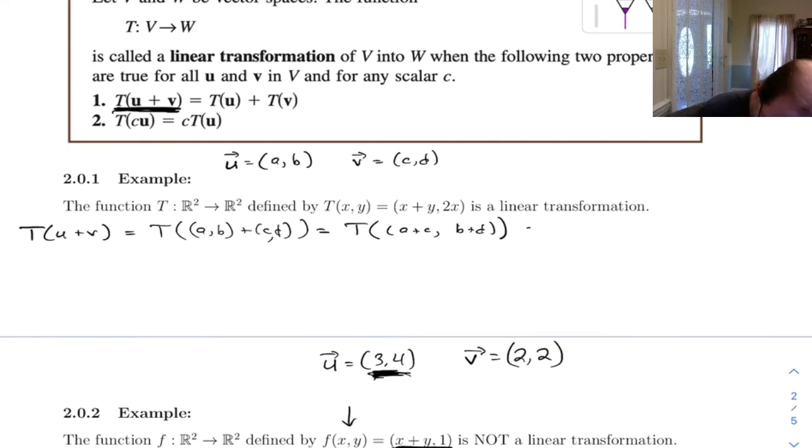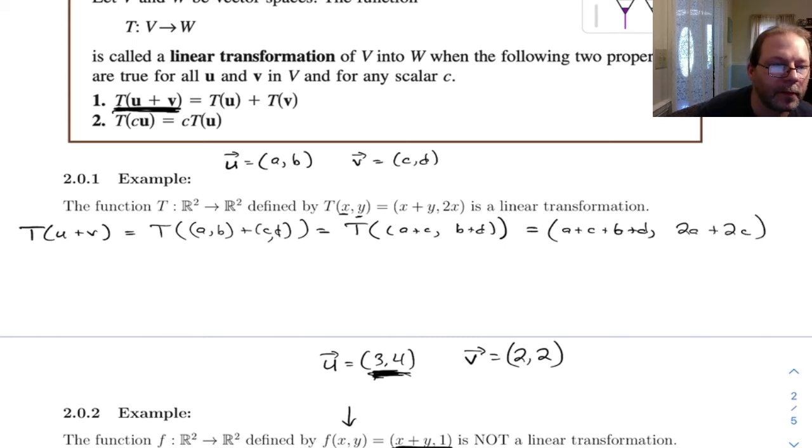And if you work that out, I'm plugging in a plus c for x and b plus d for y. So this first entry is going to be a plus c plus b plus d. And the second entry is 2x, which just means 2 times this, so that's going to be 2a plus 2c. Okay, so we get that for T of u plus v.